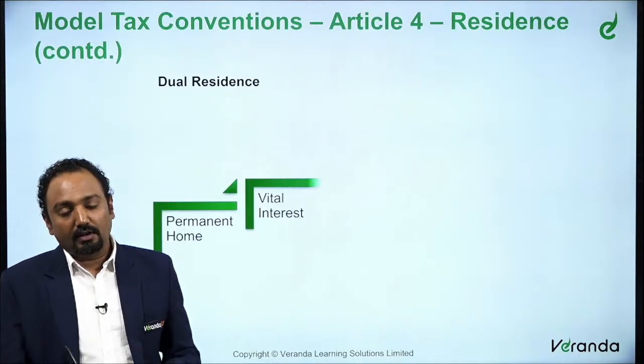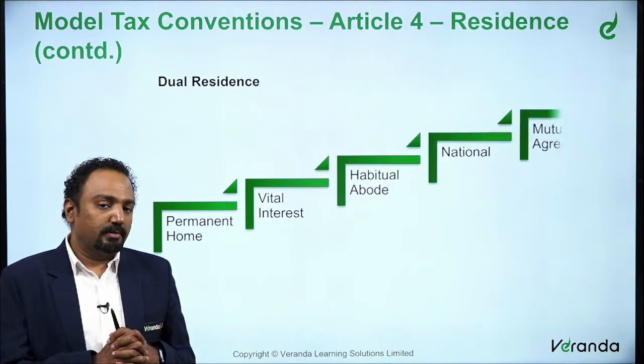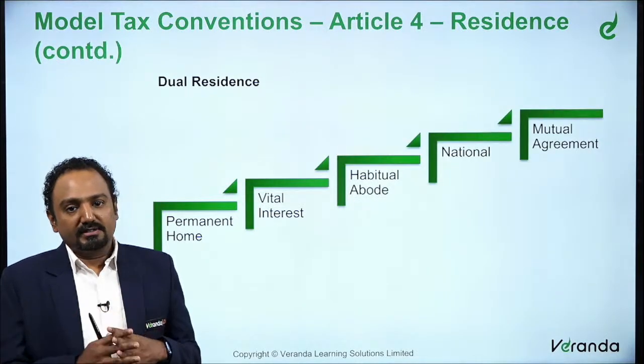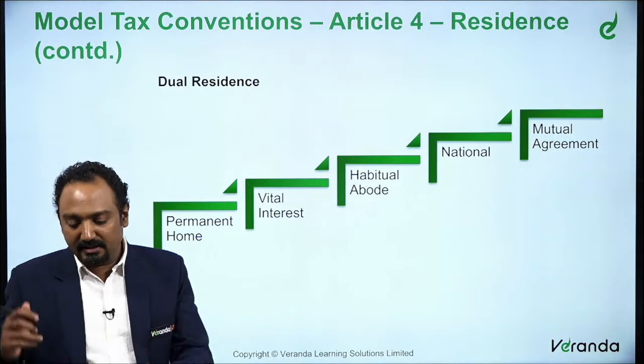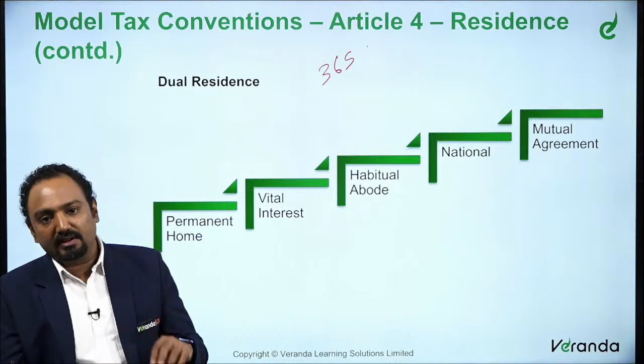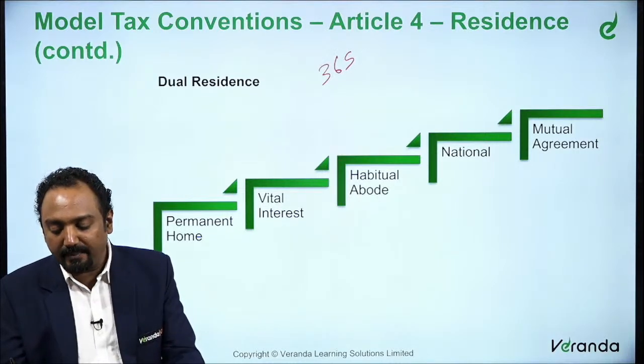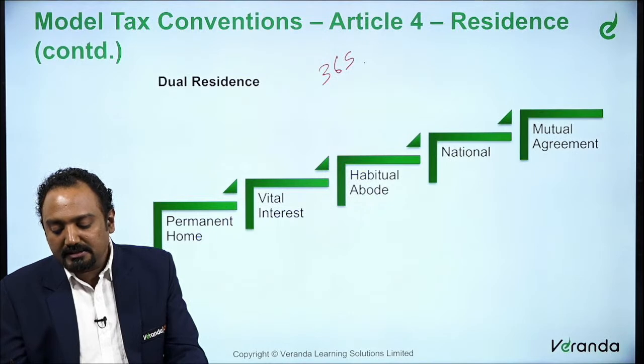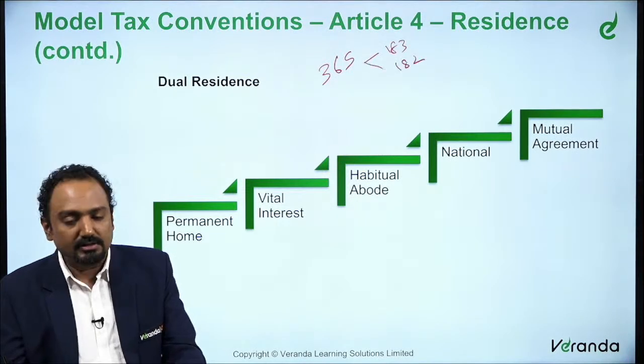Next one, when we speak about this residence concept, we need to understand how many days are there in a year. It's a very basic question, right? It could be 365 or 366. For illustration purposes, we'll keep it 365. Now, a person has lived in a particular location for 183 days and 182 days, right?